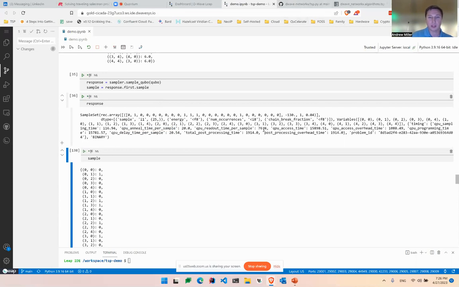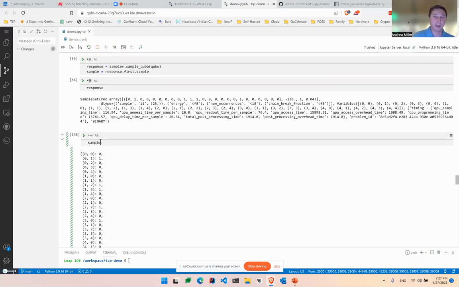And readout time, you can look at this if you know exactly what you're looking for, but honestly, to me, that's gibberish. And all I understand is binary, which is, you know, I'm running a Cuba problem. Yeah. But now what I do is there's a field called first, and then there's a subfield called sample, and that's really what the sample is, the actual answer. That's what the machine found.